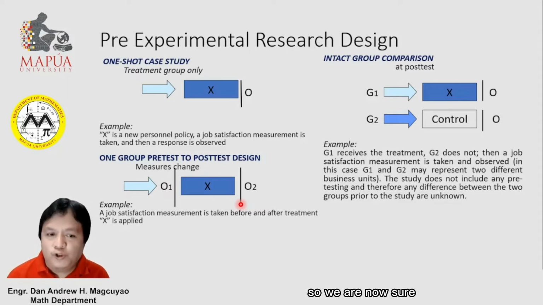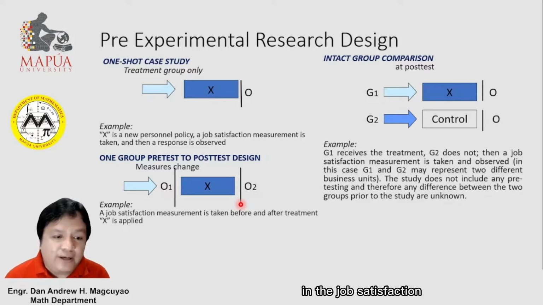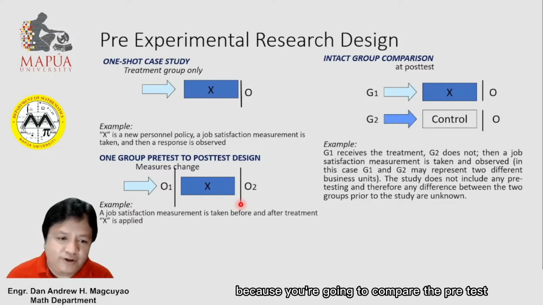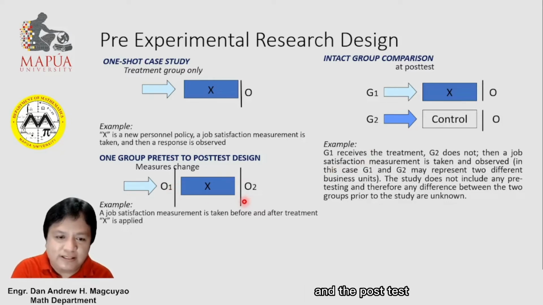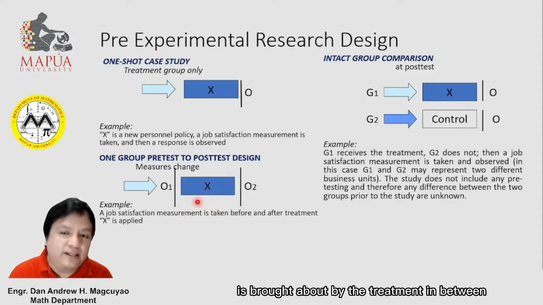So we are now more sure that the change of behavior or attitude or beliefs in the job satisfaction is basically due to the treatment, because you're going to compare the pre-test and the post-test, and that improvement or decrease in job satisfaction is brought about by the treatment in between.